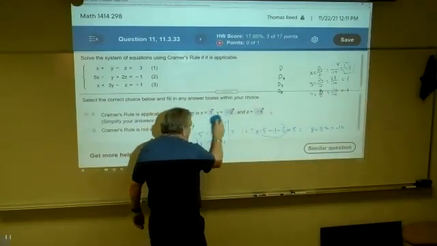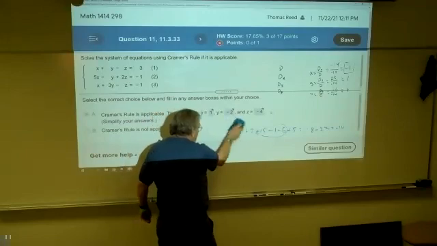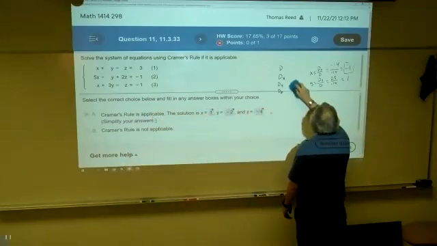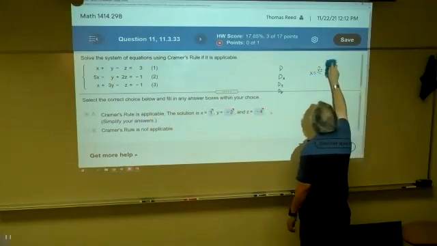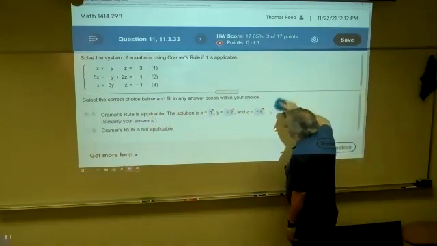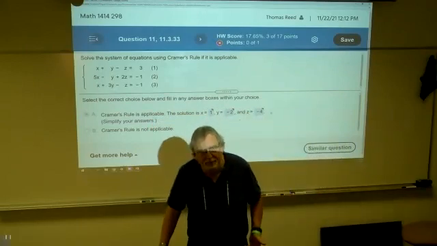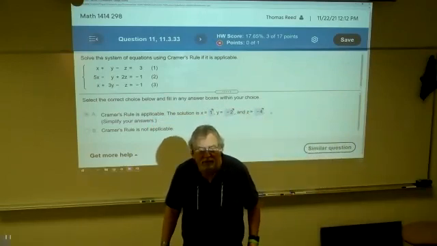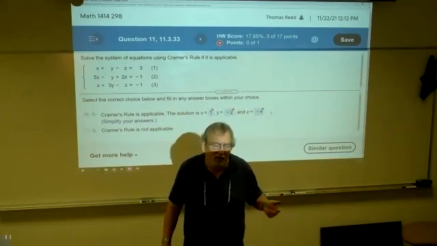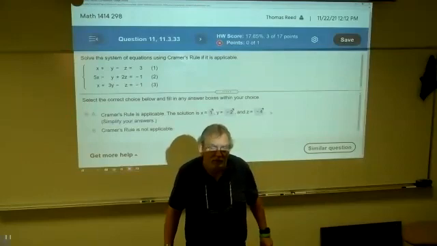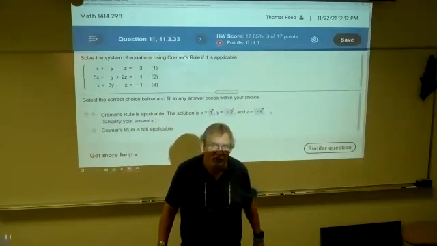Okay. So this is why I don't like doing these as an exam question. I want you to find a determinant of a 3x3 matrix. And I'll ask you to solve a system of 2 variables, 2 equations of 2 variables.